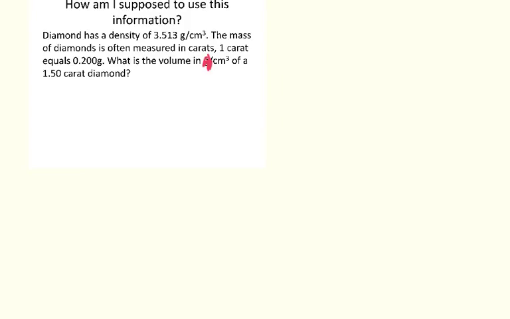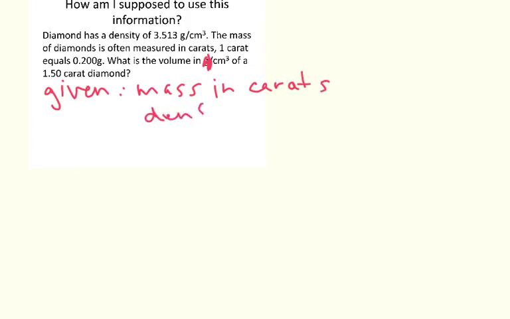So you're given the mass of the diamond in carats. You're given density. And you're given a conversion factor, a factor to convert carats to grams.